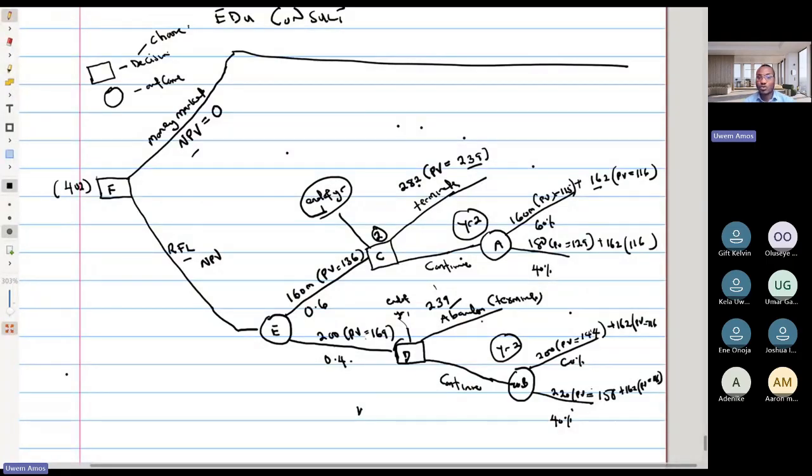So we can do A and C because these are all on the same line. Then we can do B and D because these are all on the same line, and then we come to E when we are done with that.